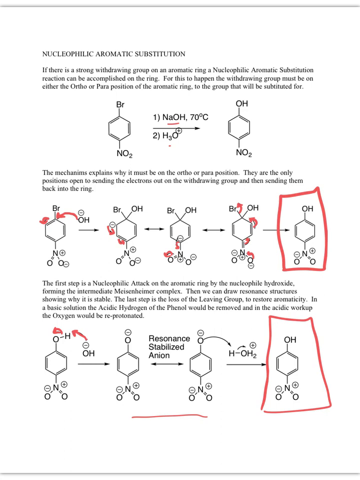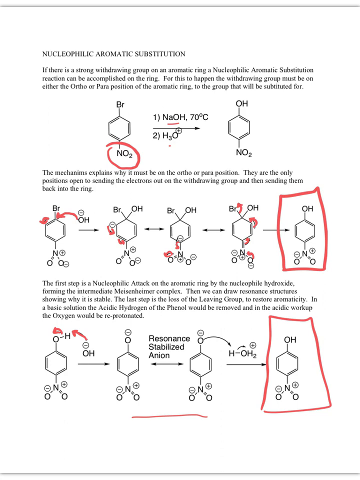So in the middle of the mechanism after we formed the product, we have to take the hydrogen off to put it back on. And this reaction only works because we have this strong electron withdrawing group on the ring that we can resonate the electrons all the way through when the hydroxide adds, and then send them back through, kicking off the leaving group. So if you don't have a strong withdrawing group on there, nothing will happen either.